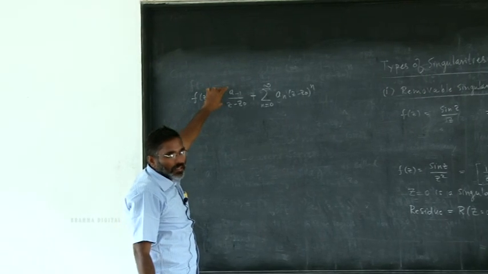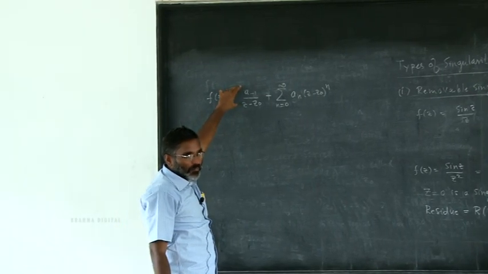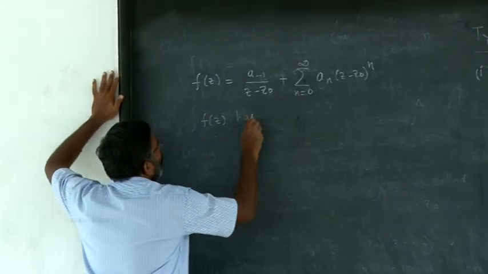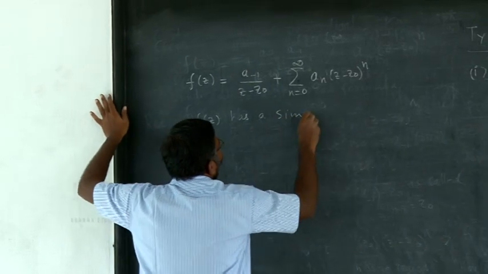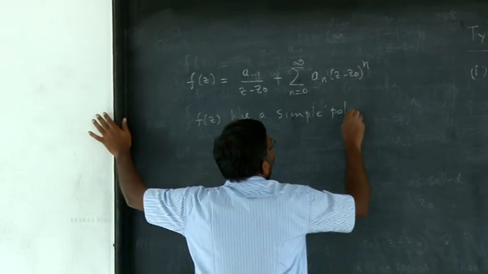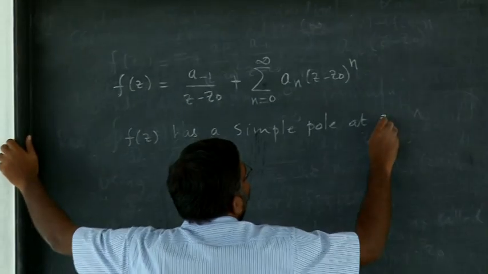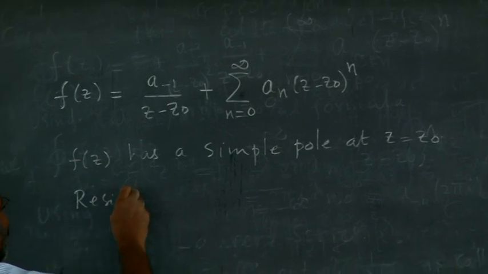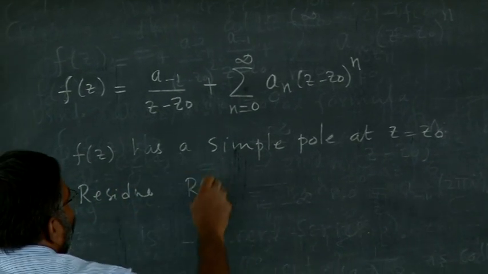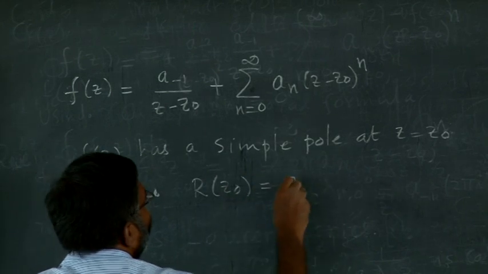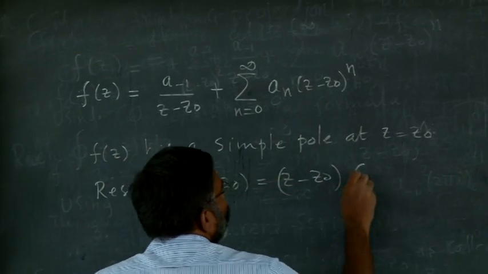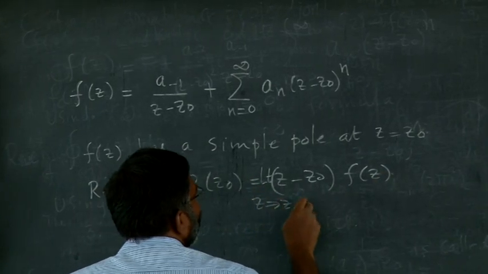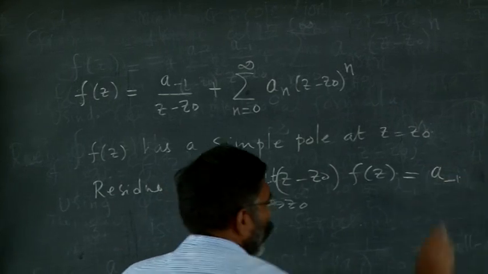And we say that f of z has a simple pole, and then the residue at z naught is equal to the limit of (z minus z naught) multiplied by this. So the coefficient.